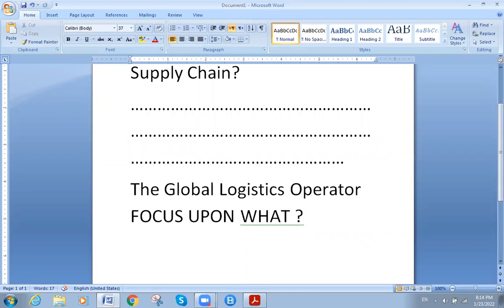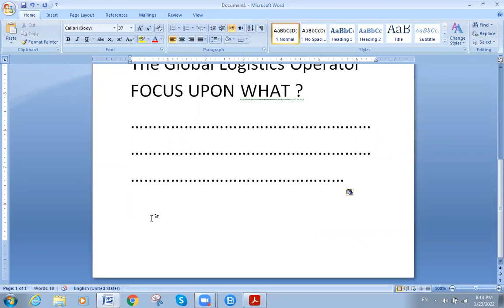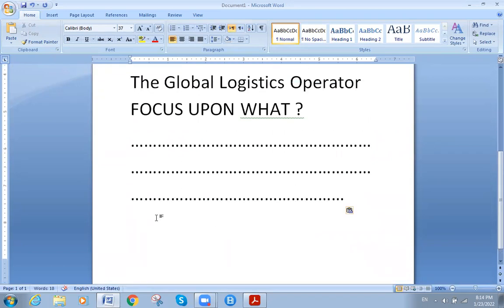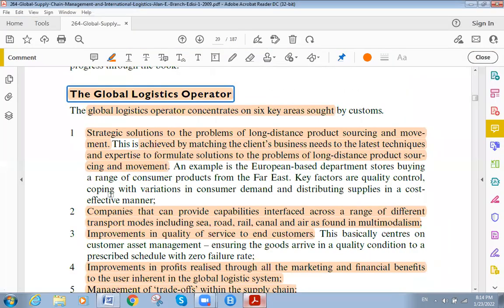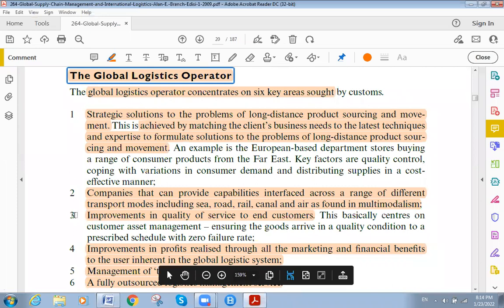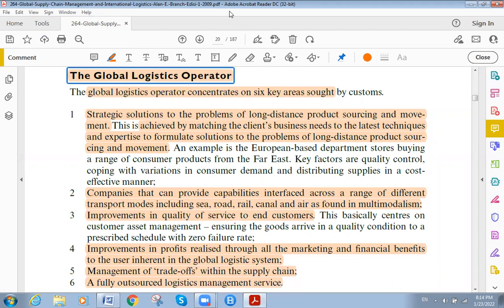Those around the global logistic operators, what do they focus upon? What are their points of interest? And I will put here the answer to the question, mostly. So I'll give you 5 minutes to read it, take notes, and search Google Classroom as well.